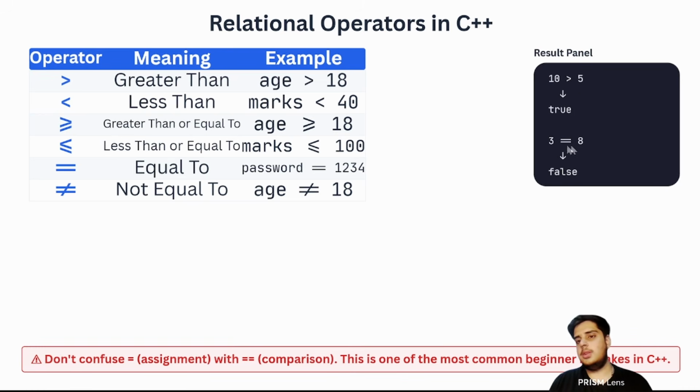Is 3 == 8? Double equal to means that the value is equal to the value on the opposite side. So 3 is not equal to 8, then definitely the answer will be false. One warning I would give you is don't confuse equal to with the double equal to operator, because this is the most common mistake beginners make. They are both different.